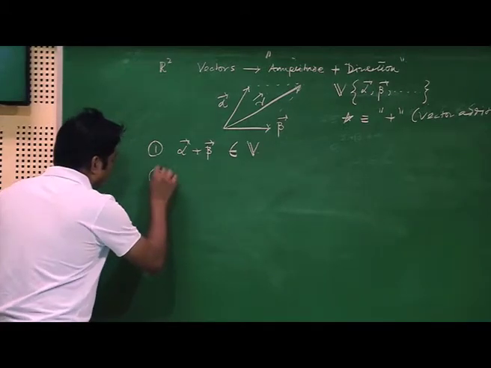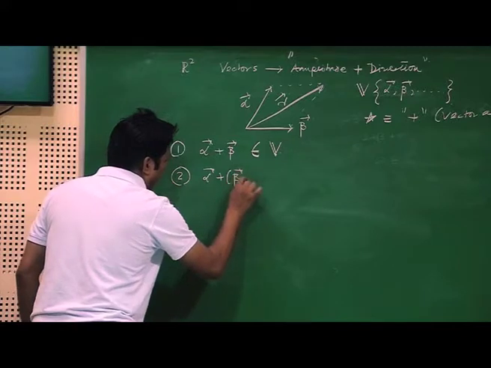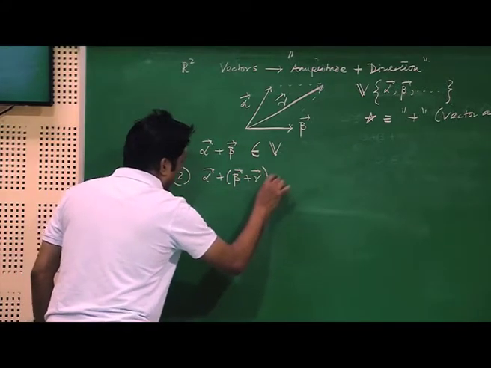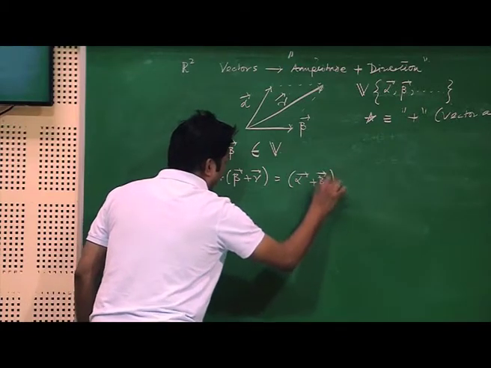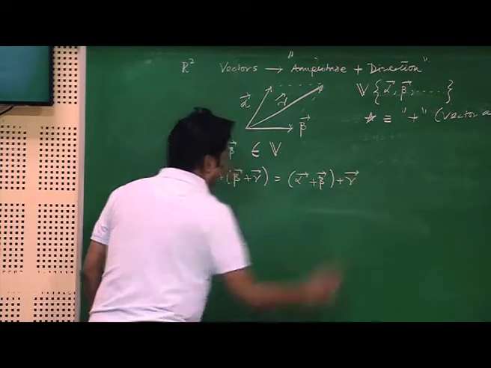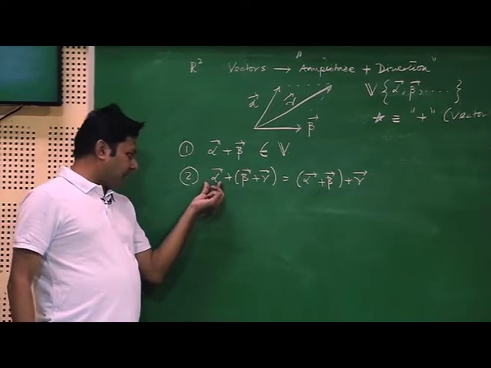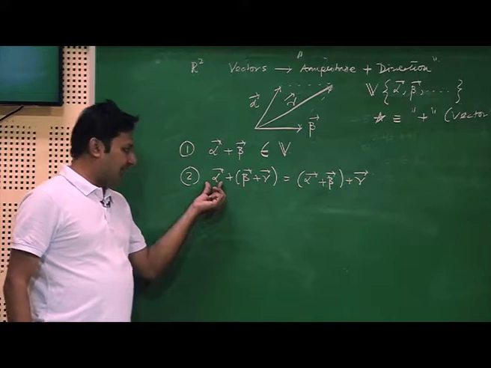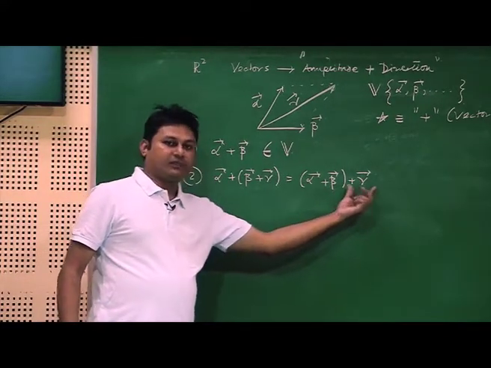Second property: if I add two vectors beta and gamma and then add another vector alpha, I will get the same result as if I add alpha and beta and then add gamma. It is trivial.